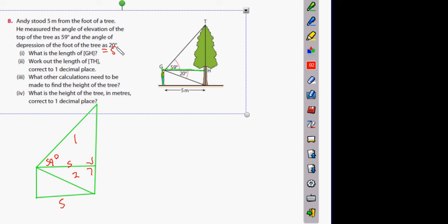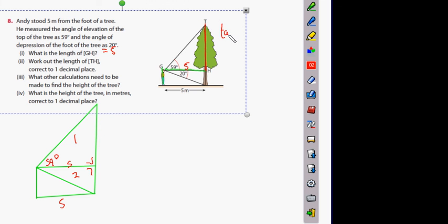Work the length of TH out. If this is 5 and we want to figure out what TH is, what side is TH compared to the 59 degrees? Opposite. And what length is 5 compared to the 59 degrees? Adjacent.